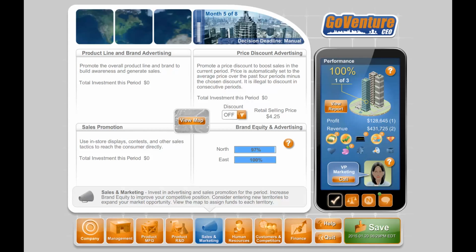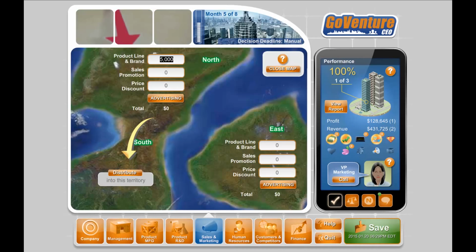To invest in sales and marketing, you must view the territory map. This simulation has 3 territories named North, South, and East. Your simulation may have fewer territories and they may be named differently, based on countries, states, provinces, cities, or other regions. All players start selling into the top territory.